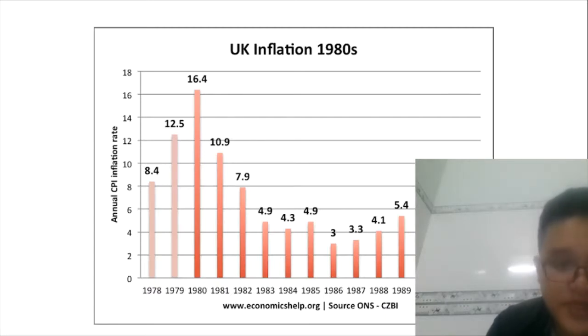For example, the UK saw a high inflation in the 1980s, but this economic boom was unsustainable. And when the government tried to reduce inflation, it led to a recession from 1990 to 1992.